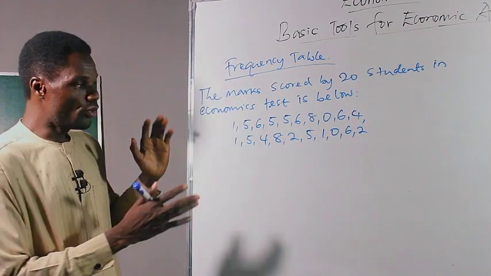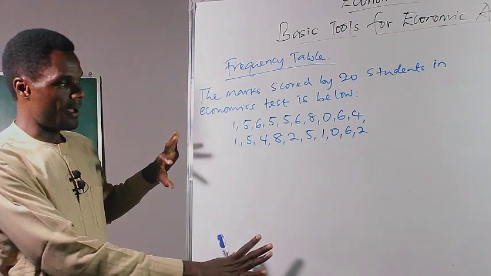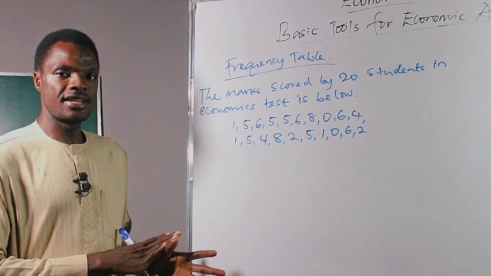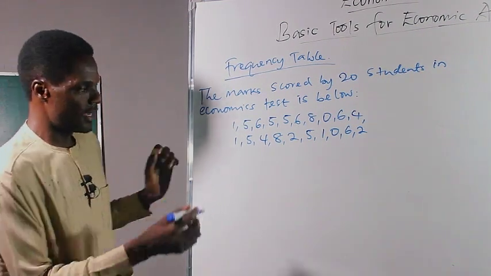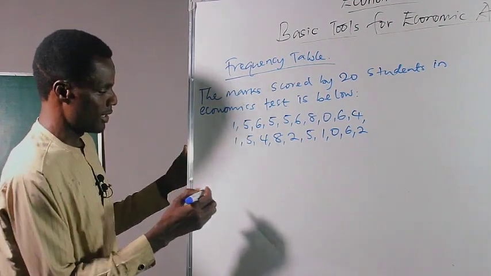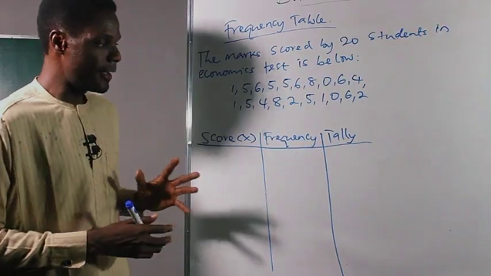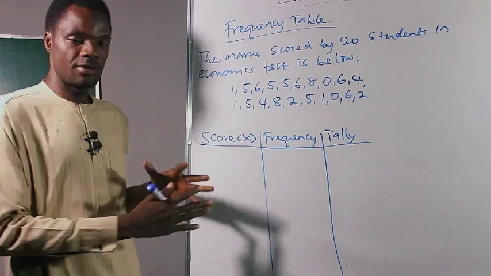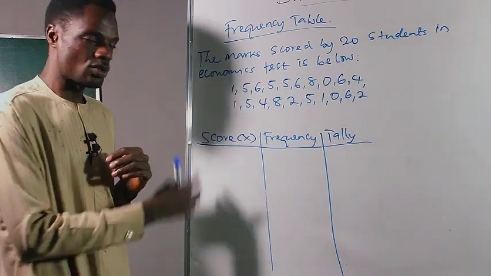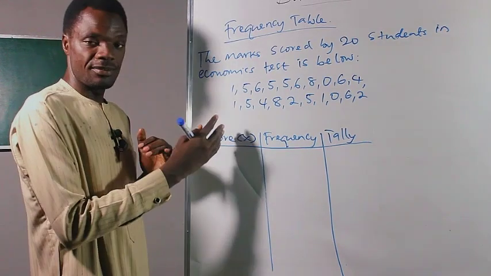So when you have raw data here and you present it the way it is, it will confuse any reader. But if you organize it in a tabular form, then it will give a clear picture about the data. Okay, as we see, we construct a table that contains 3 columns. Column 1 is representing the scores, represented by X.